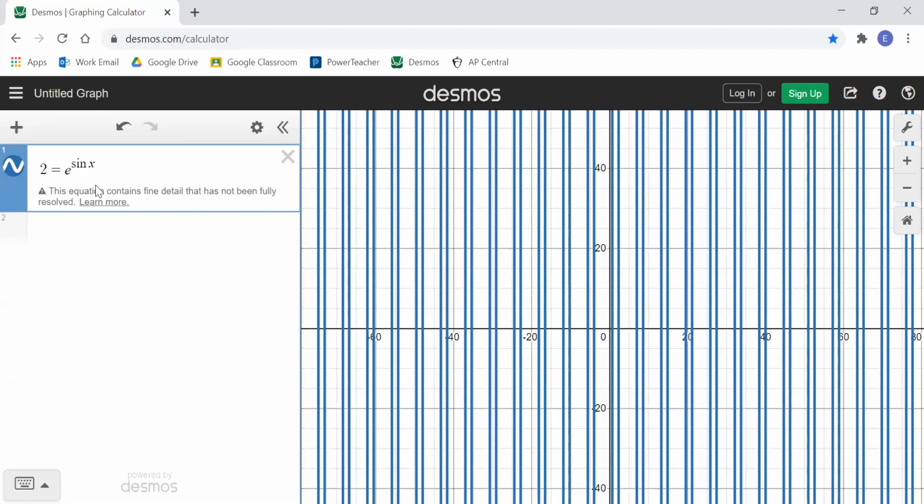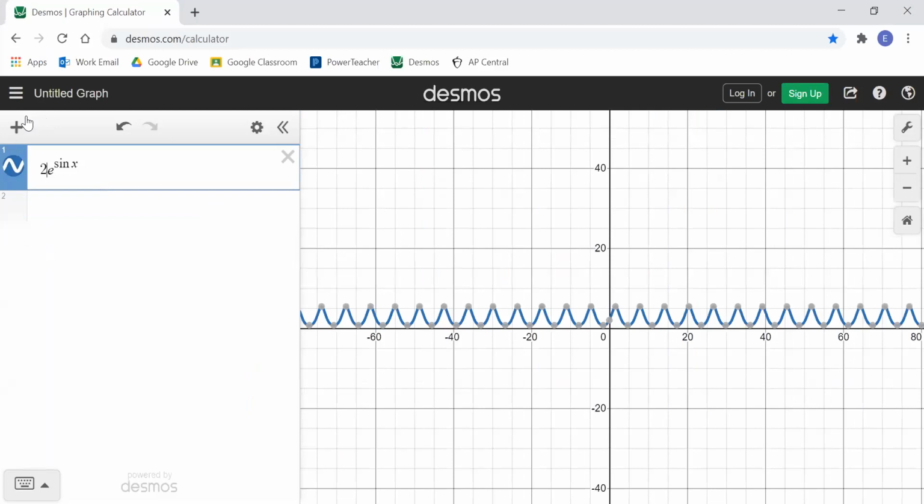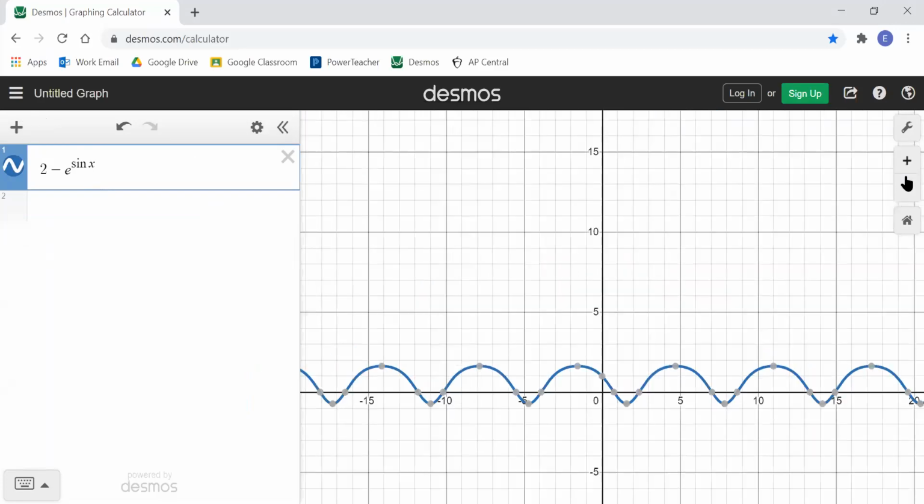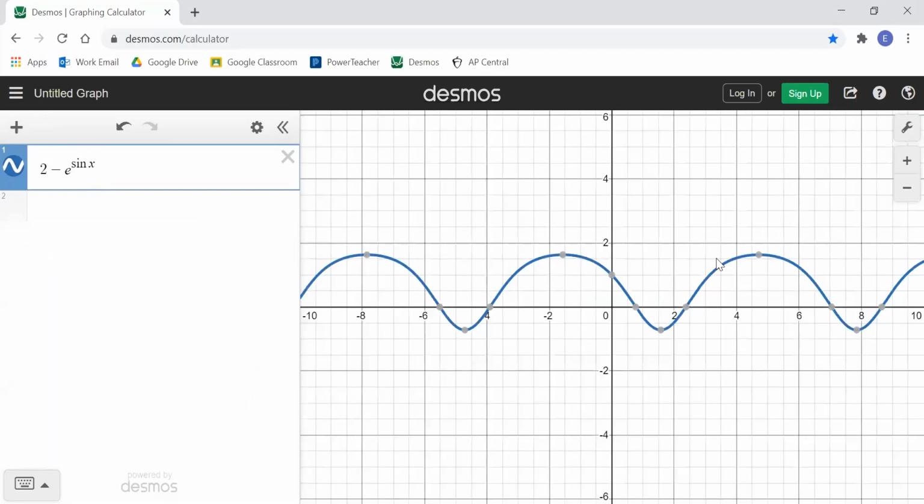Oh, that's because that's an equals. That's why. Let's try that again. 2 minus e to the sine x, that's much better. So if we're looking for when that's greater than 0, that's from here to here. That includes our initial condition, which was x equals 0, I believe, right? For that one.